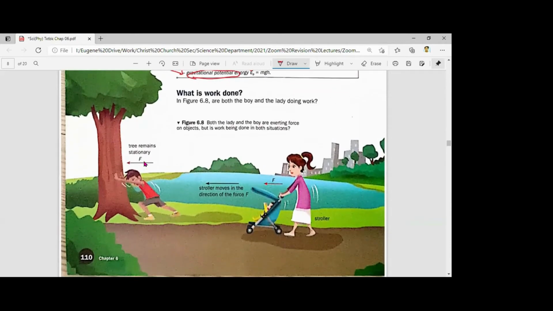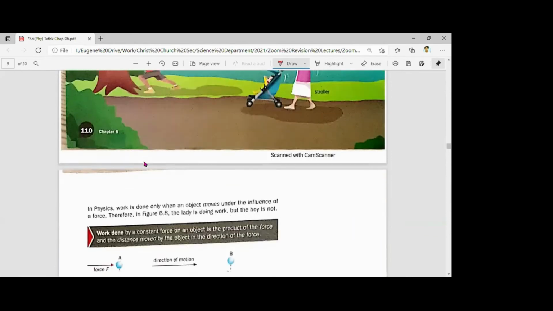Okay, question, figure 6.8: are both the boy and the lady doing work? So we're going to look more into detail for each of this. Now, work is done only when an object moves. The object must be moving under the influence of a force. So take note, the conditions are that it must move and there must be a force.